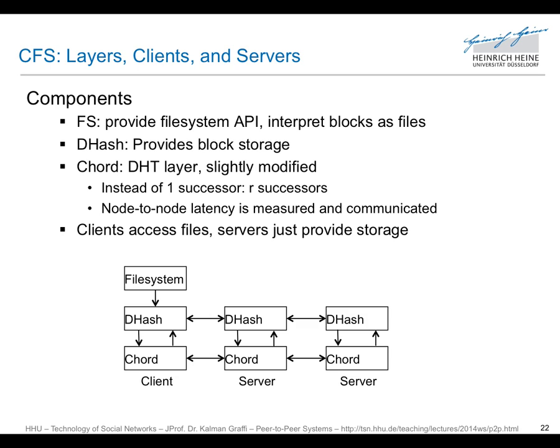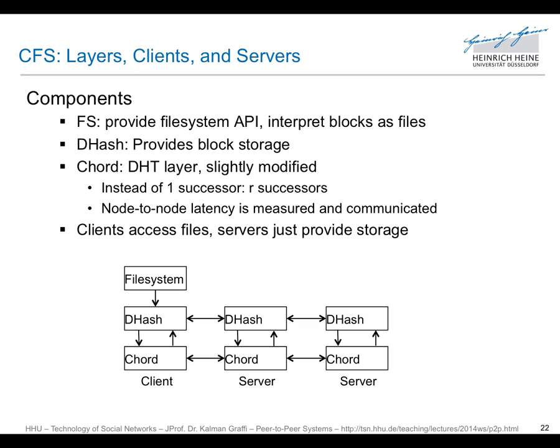All files are chunked in blocks, and they have this application or add-on for CORD called dhash, which implements this block storage and data storage aspects. And CORD is the old CORD with some small modifications. So instead of one successor, you have R successors, so that you are better connected to your neighborhood.